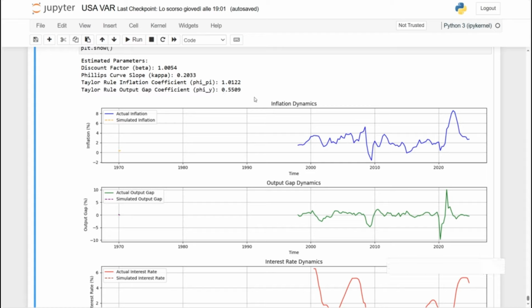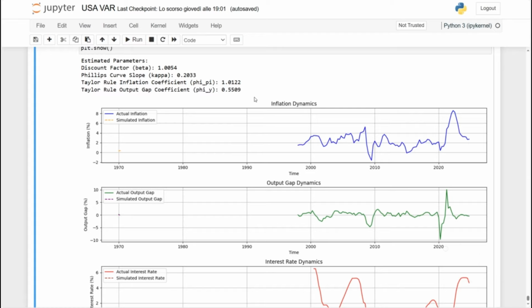Okay, so we can see the response function of the central bank. It's 1-to-1 when you have an inflation gap, and 0.55 vis-a-vis a 1 unit increase of the output gap.